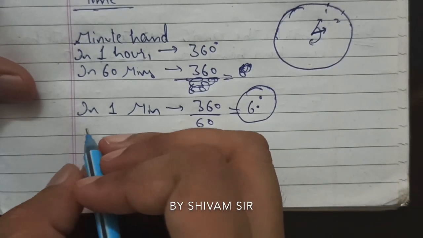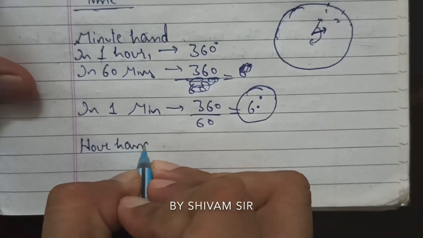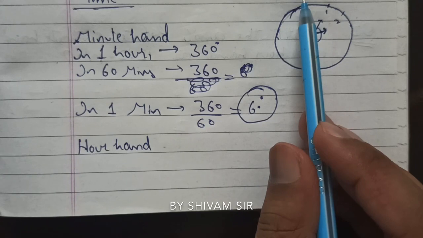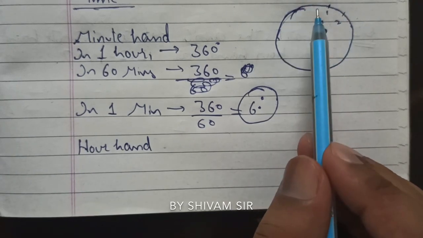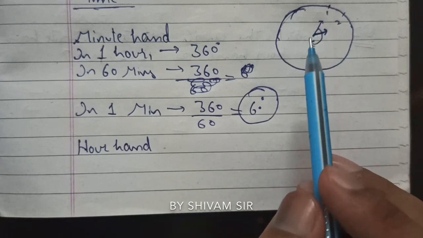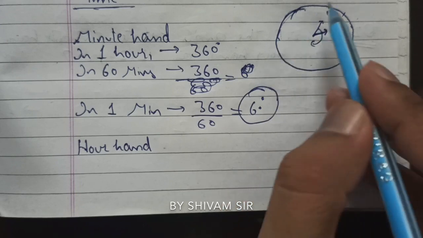Secondly, let's talk about the hour hand. From 12 in the morning, 12 a.m., to 12 noon, the hour hand rotates 360 degrees, right? And in a whole 24-hour day, it will rotate 2 times completely.